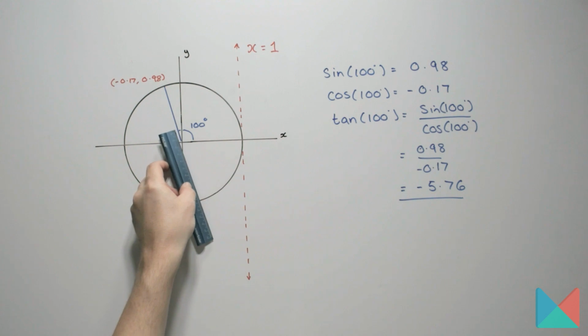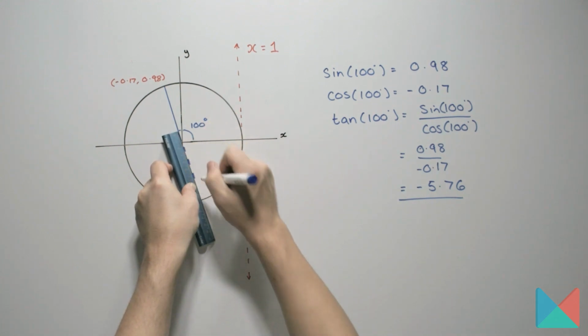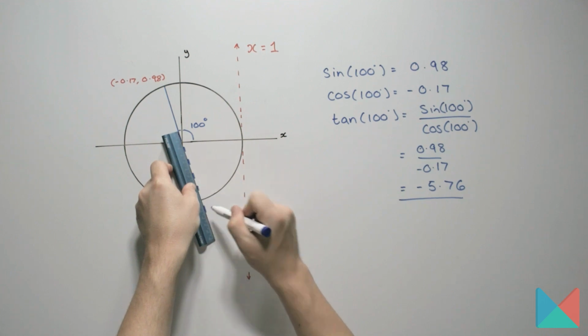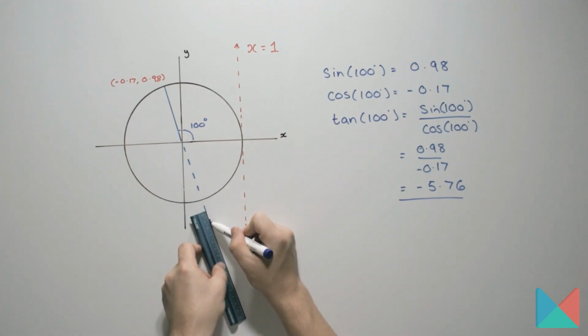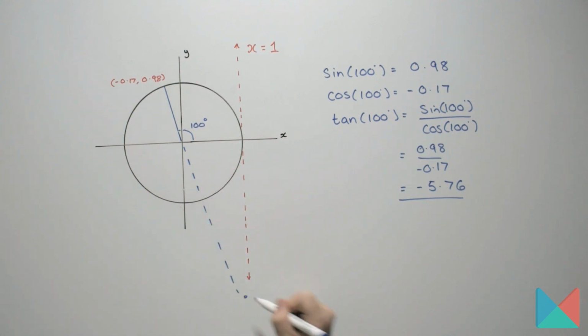So if we extend this line to eventually hit the x equals 1 line, we will get a value down here somewhere. And you can see that whatever we read off the y-axis will be tan of this angle, 100 degrees. You can see that it's pretty far down the negative y-axis, and so negative 5.76 does look like a reasonable answer.